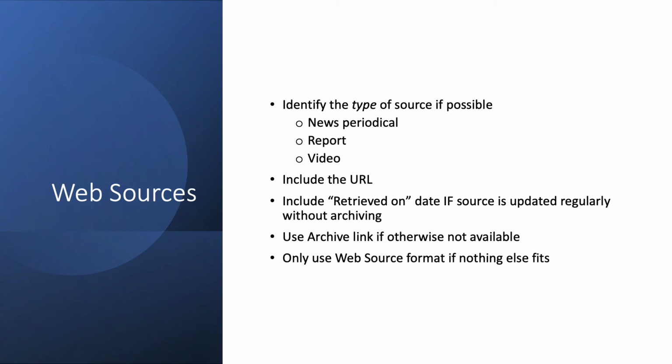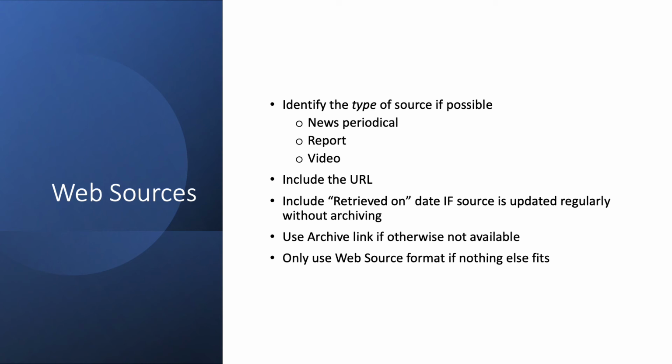If it's a web source that is regularly updated and they're not archiving those previous versions, then include the note at the end that it was retrieved on a specific date. If it's an article that really is published on a particular day, then you don't need to include the retrieved on information because we know when it was published by that publication date.